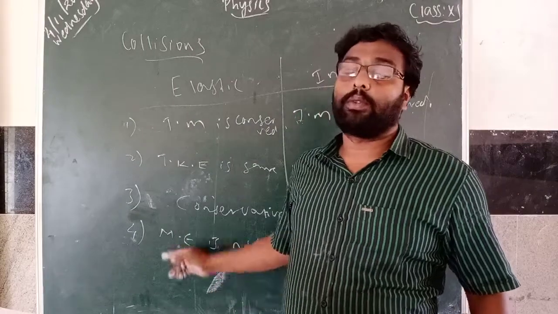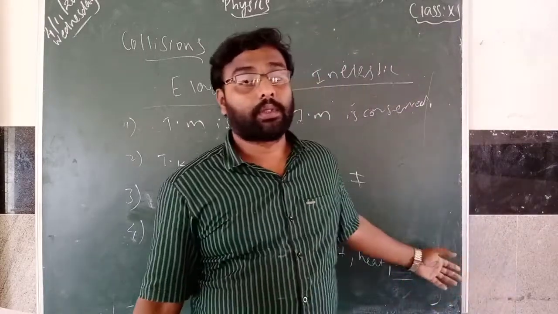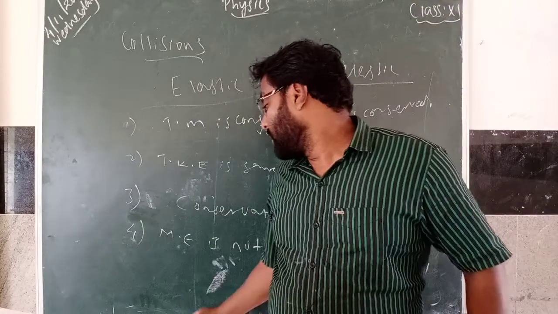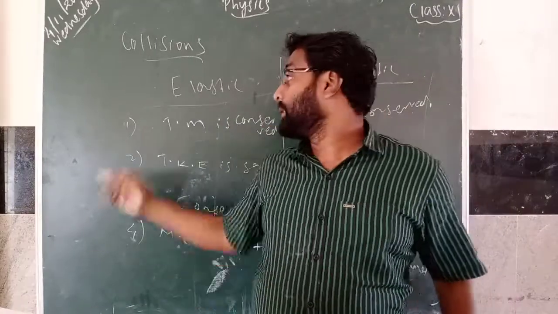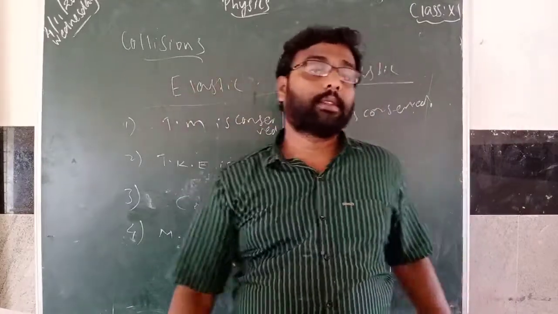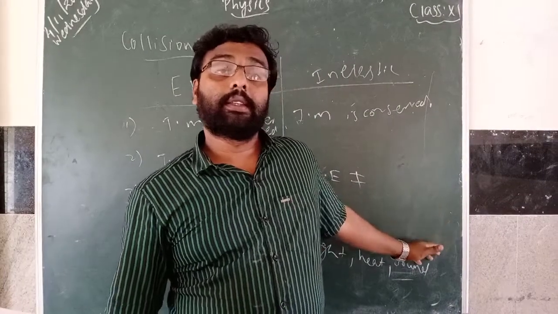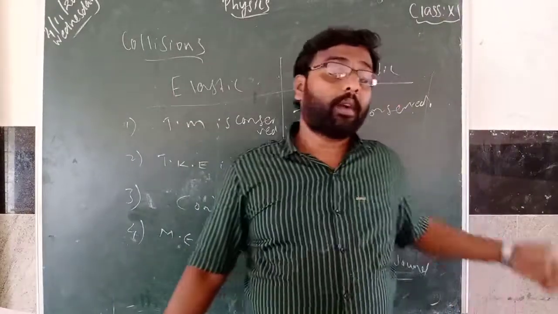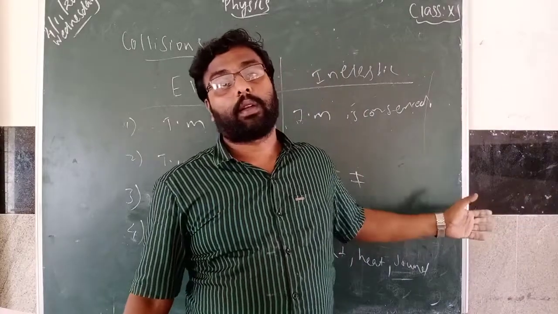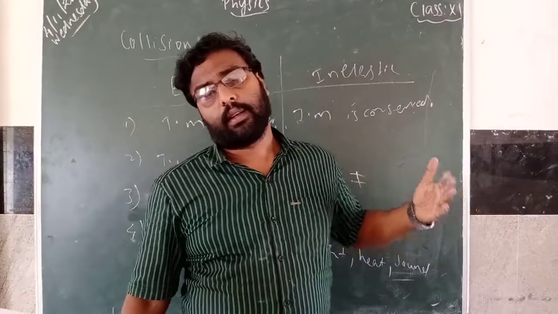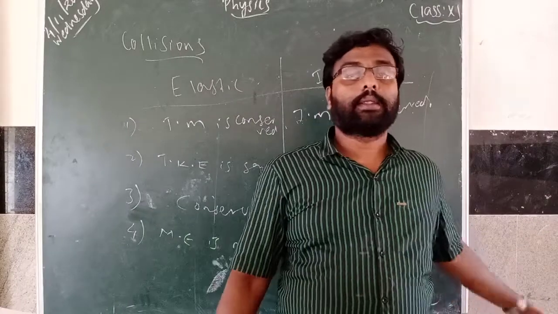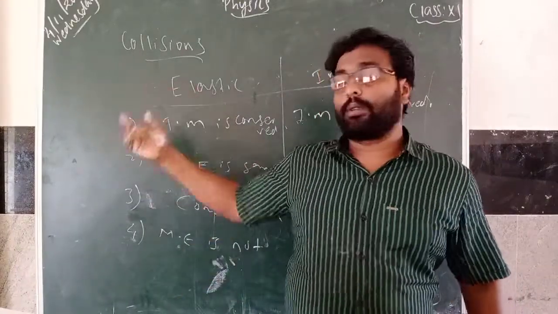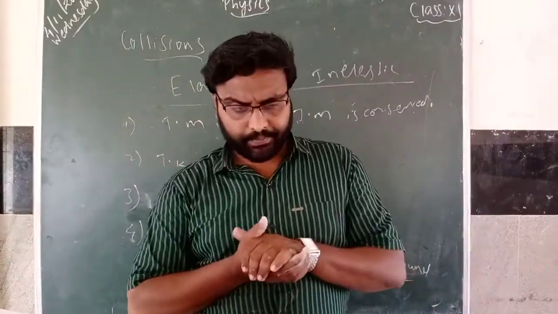The third one is forces: here forces are conservative, there forces are not conservative. And the last one is mechanical energy: here it is not dissipated, but there it is dissipated as light, heat and sound. Energy is wasted in inelastic collision. In elastic collision, energy is not wasted.